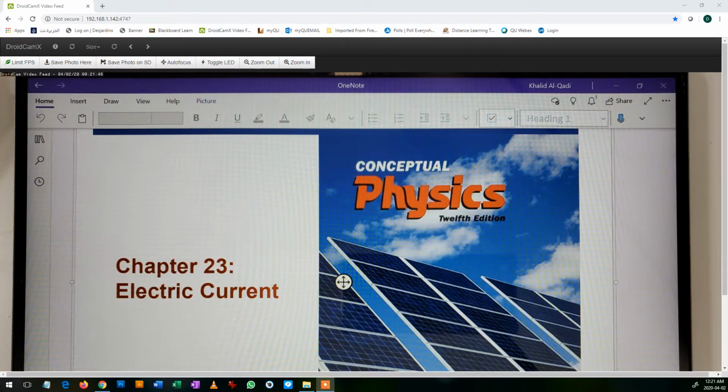Bismillah ar-Rahman ar-Rahim. So, this is chapter 23, electrical current.